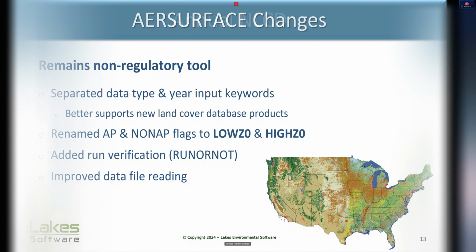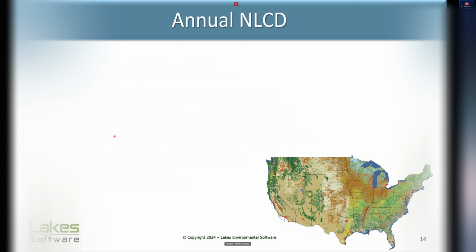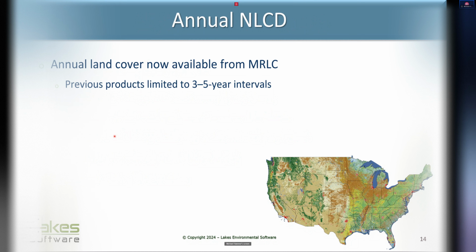Now, along with this AERSURFACE update are changes to the National Land Cover Database as published by the Multi-Resolution Land Cover Consortium Group. Previously, MRLC's NLCD data products were only issued about every 3 to 5 years. There were very specific data years, 2001, 6, 11, 16, 19, where you would get updated versions of these products.